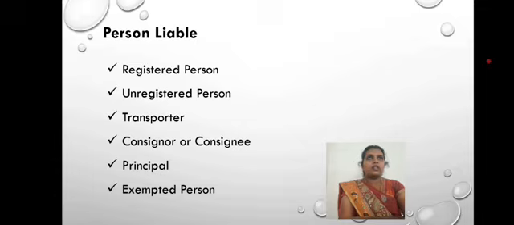Sometimes GST was not registered by some business people because of their low turnover. But once the goods are moved, even an unregistered person must take the E-way bill for transportation. It is very necessary.